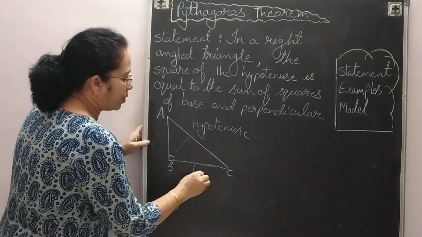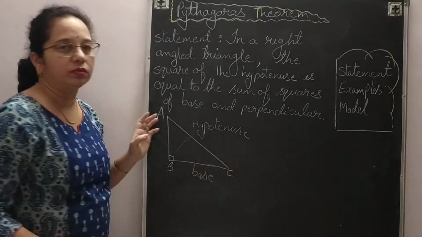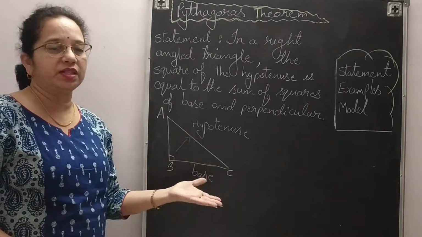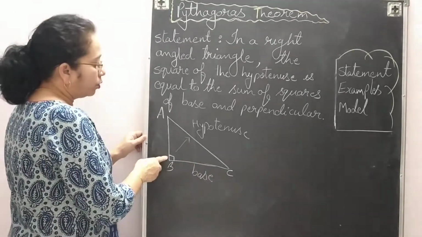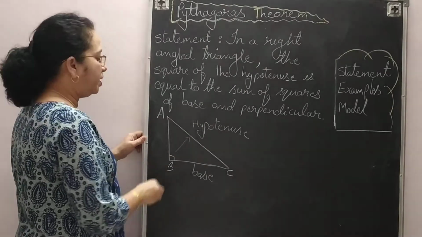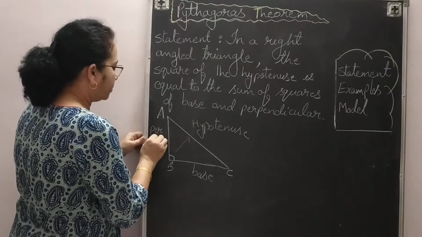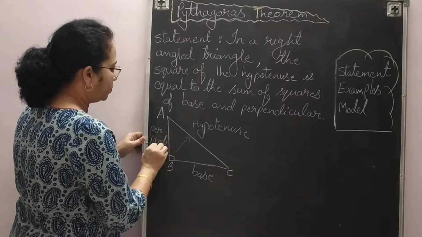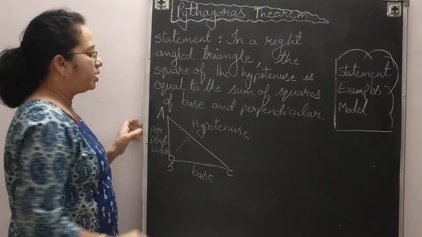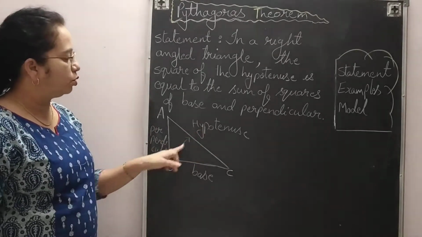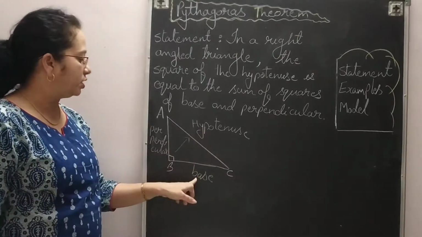This is known as base. Base is always very easy to recognize because the bottom side is known as base. Whatsoever line is making 90 degree with it, this is known as perpendicular.